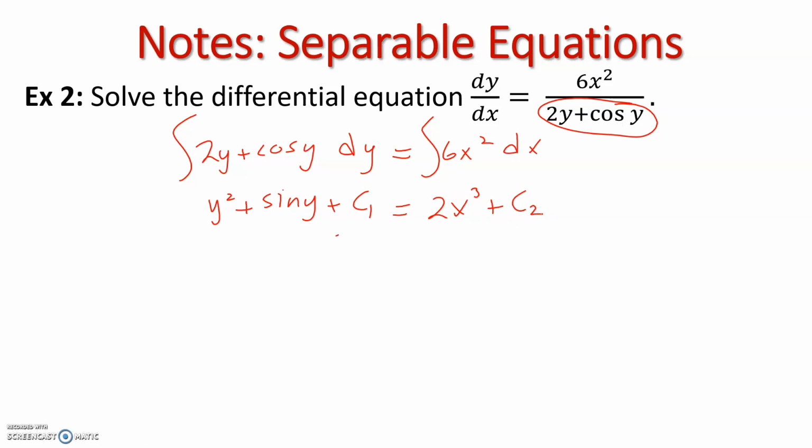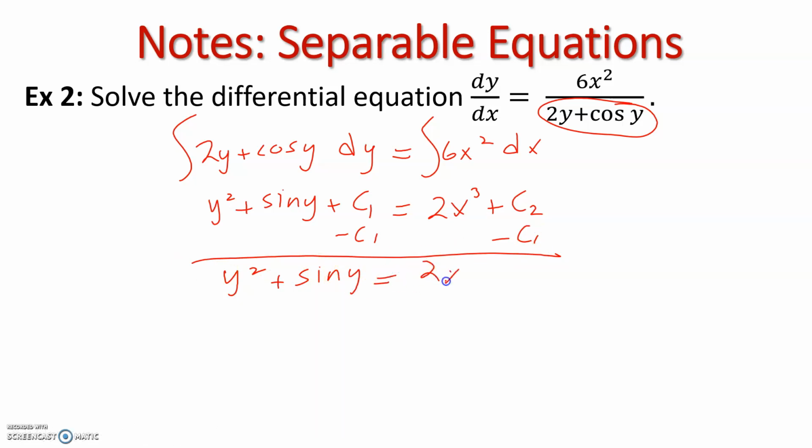Now, moving the constant to the other side, just like before, we have here y squared plus sine y equals 2x cubed plus some constant, and we will let our c be just the difference between those constants.